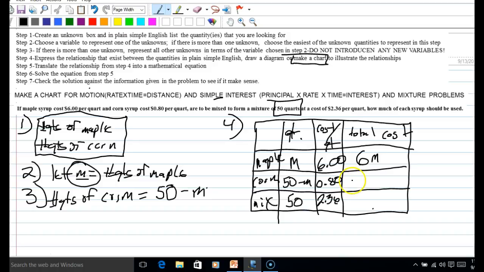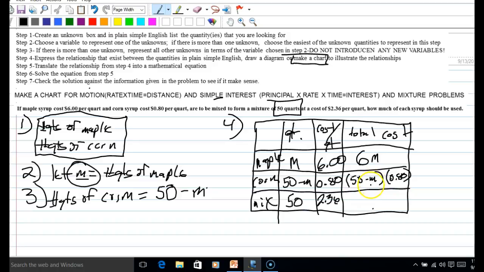The cost in terms of the amount of corn syrup I use would be the number of quarts of corn syrup that I use, which is 50 minus M, and you need that in parentheses because all of this represents the number of quarts of corn syrup that I use, times 0.80, because the corn syrup cost me 80 cents per quart.